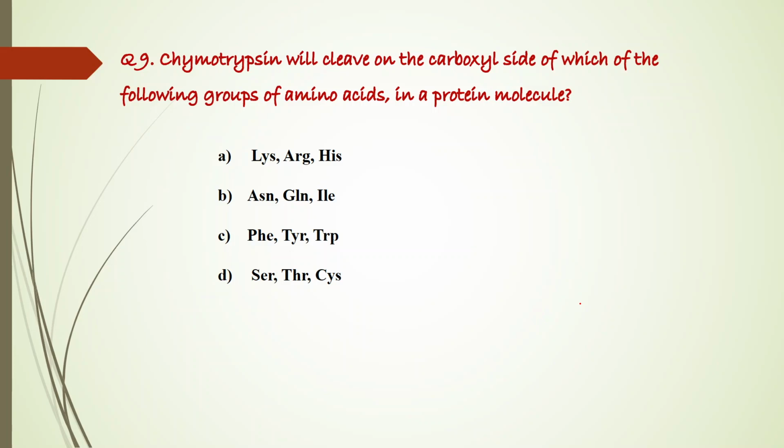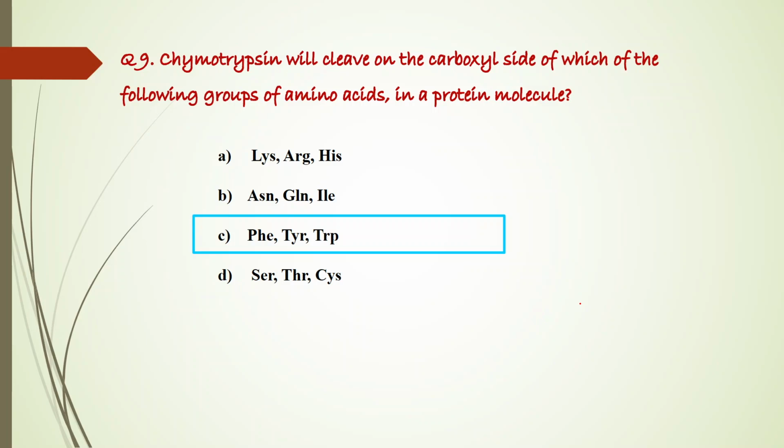Anyway, chymotrypsin basically cleaves on the carboxyl side of amino acids that have hydrophobic side chains. Among these options, only phenylalanine, tyrosine and tryptophan fit.